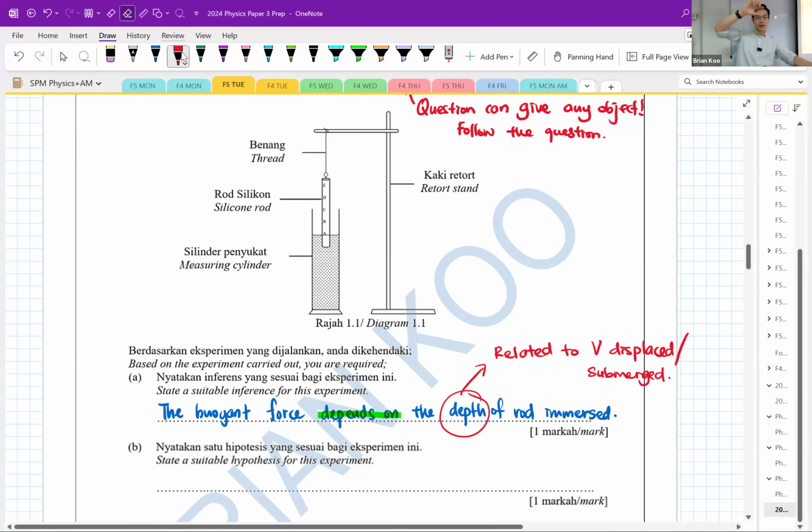The depth of rod immersed is related to how much you submerge. And if you submerge more, it means this V will increase, and so should the buoyant force increase. Okay, so don't write directly proportional here. Don't. Just stick to greater or increase.